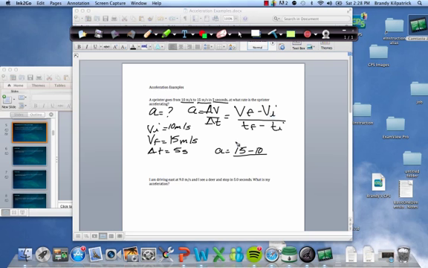And our delta t is 5 seconds. So now we can just go ahead and solve. It's 5 divided by 5, which is going to be 1 meter per second squared. So what this means is that for every 1 second that passes here, my velocity changes by 1 meter per second. All right, so let's do the next one.